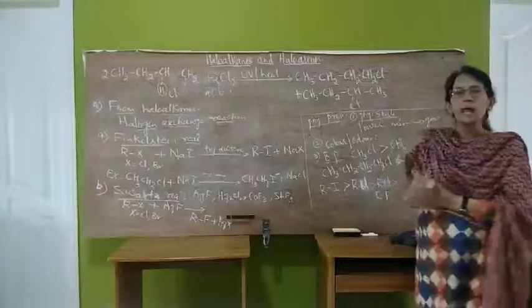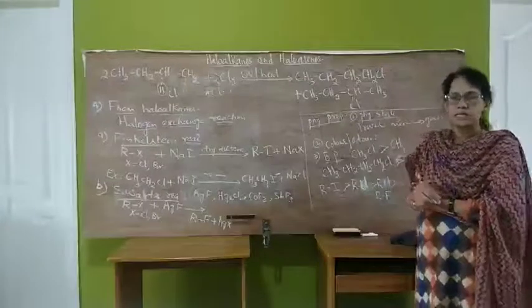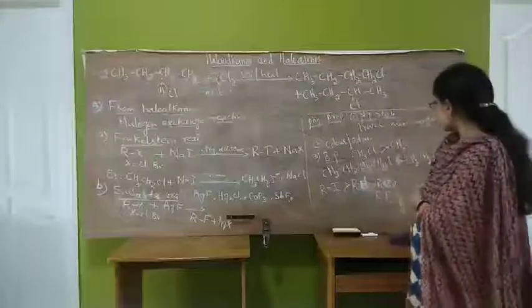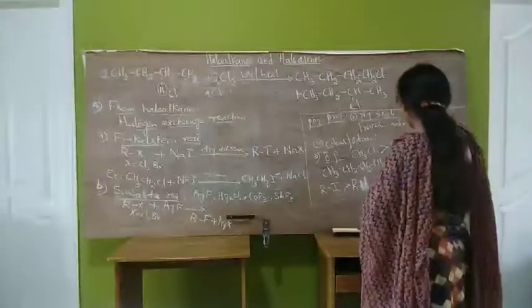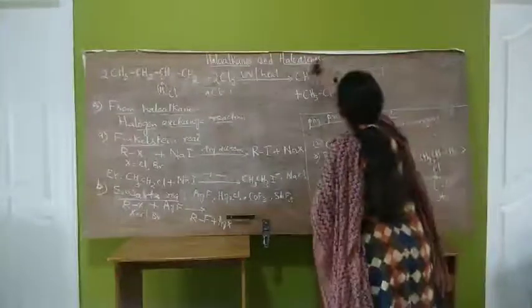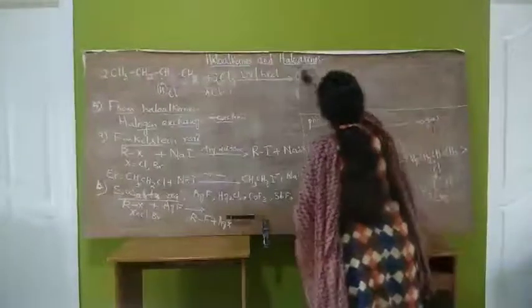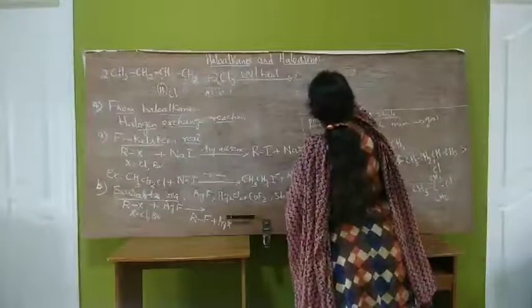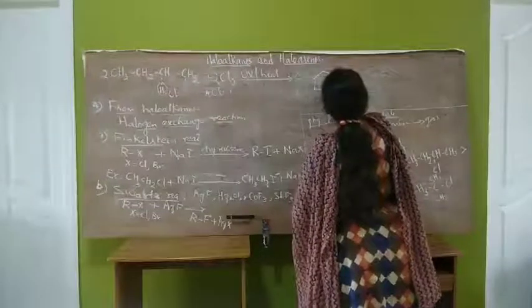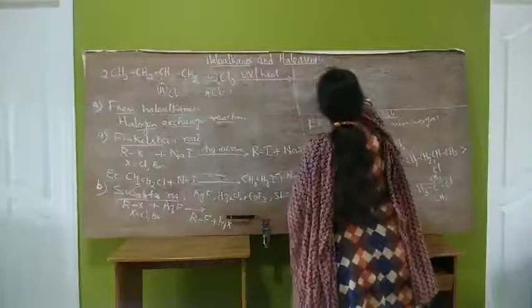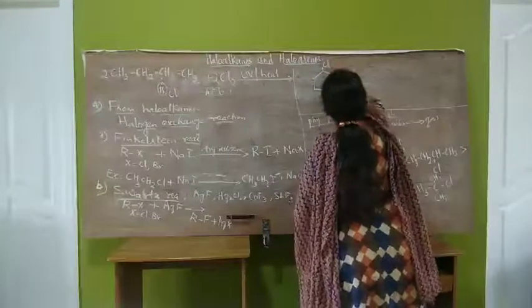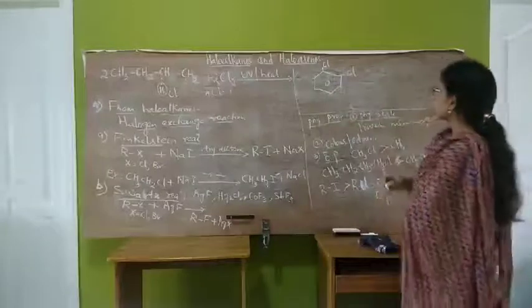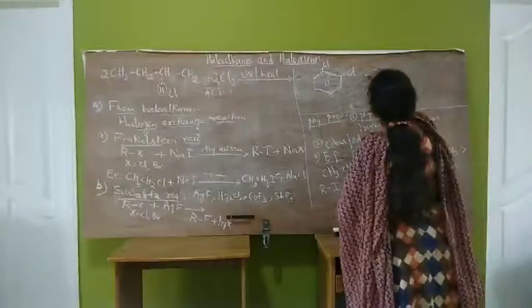Then, in dihaloarenes, the boiling point increases in the order. In dihaloarenes, if we consider chlorine, this is orthodichlorobenzene.